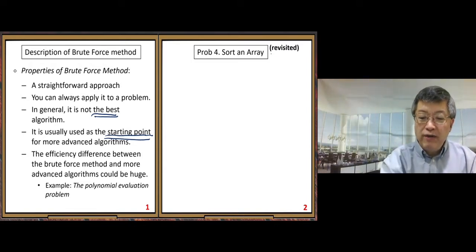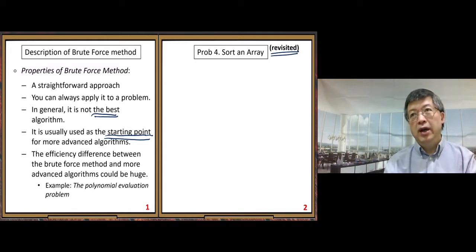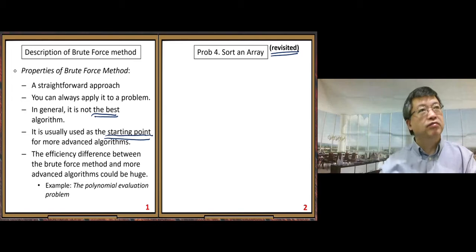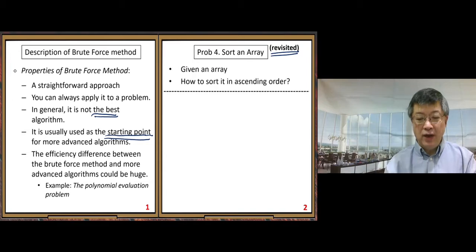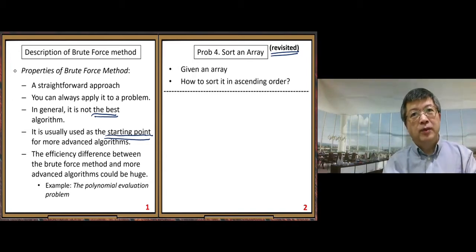I put this as revisited. So this is not the first time we try to solve this problem. And for this class, we will solve this problem many, many times, about 5 or 6 times. So this is our second time. The same problem, sorting. All right.